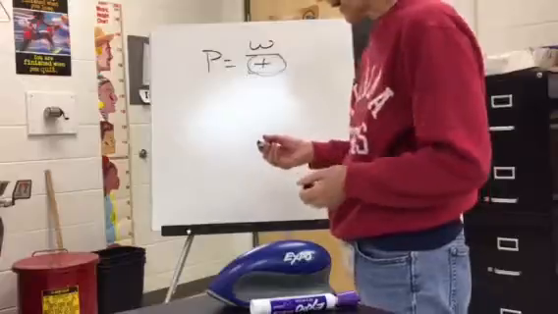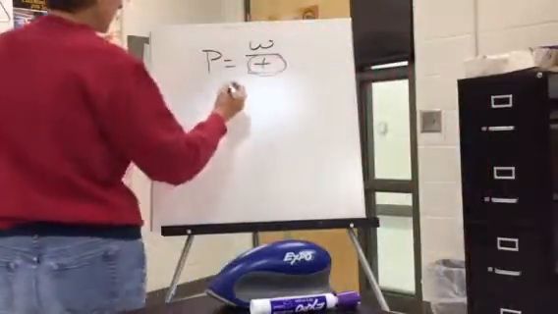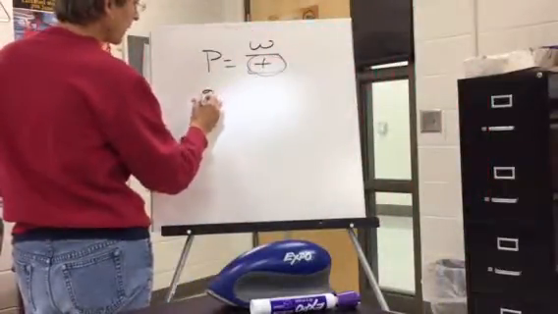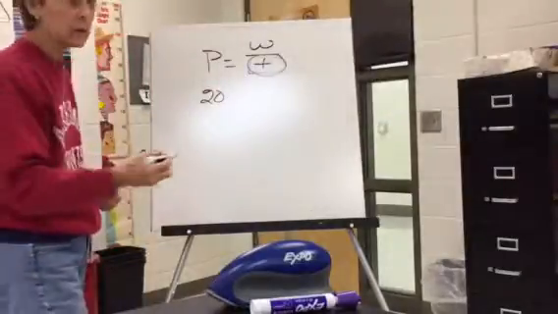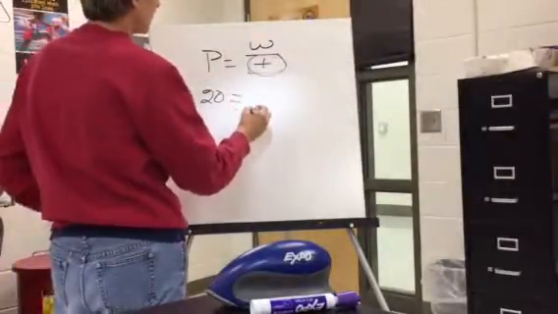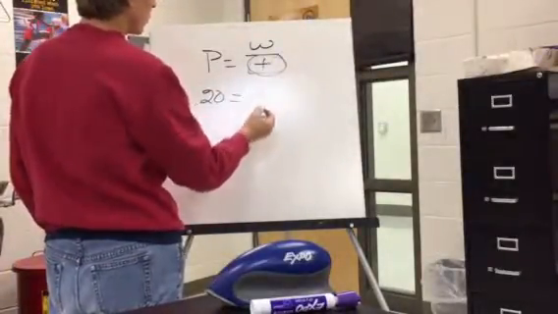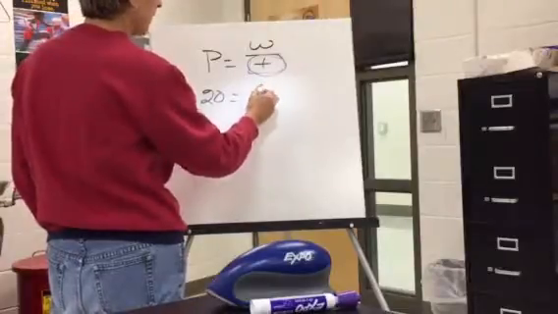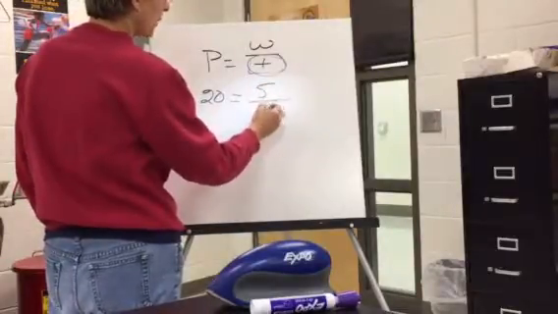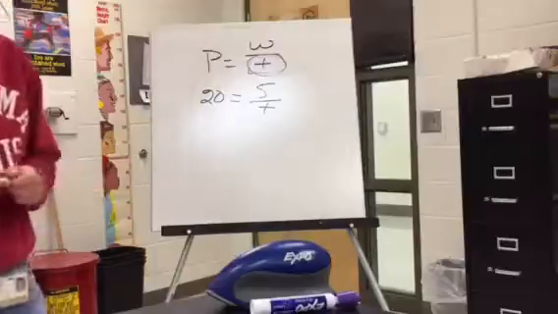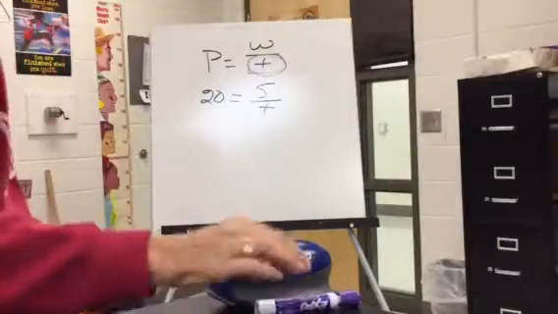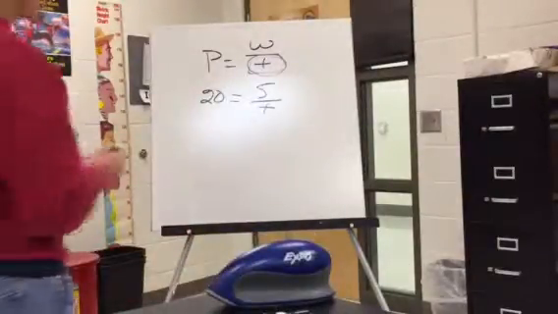All right, let's make up some numbers. Let's say that power is 20, and I'm leaving out the units for right now. The work is 5, and you want to know time. Your next move is going to be this.